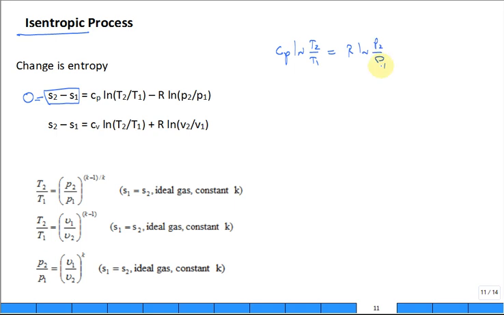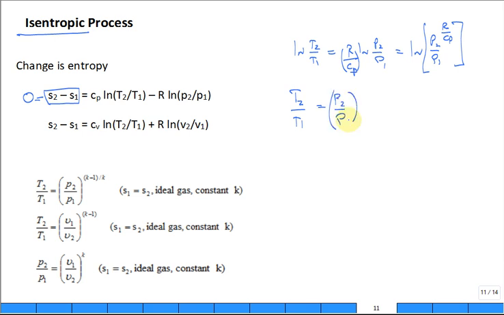I can bring that C sub P over here, and then exponentiate both sides to get P2 over P1 to the power R over C sub P.